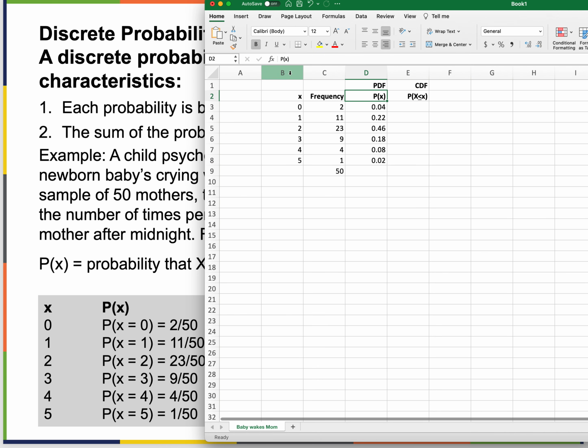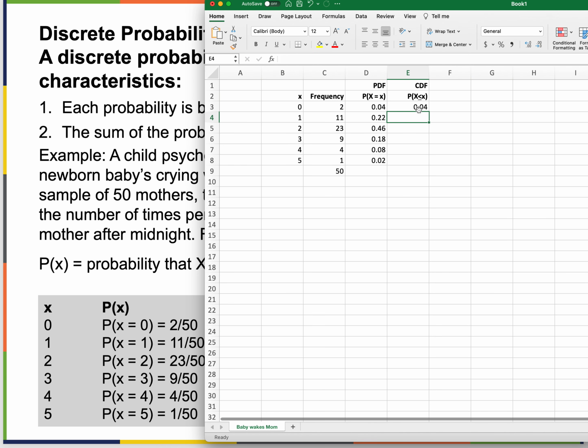This is the probability that big X, the random variable, is less than or equal to x. So at less than or equal to waking up 0 times, there's nothing less than or equal to that. So it's just equal to 0 probability.